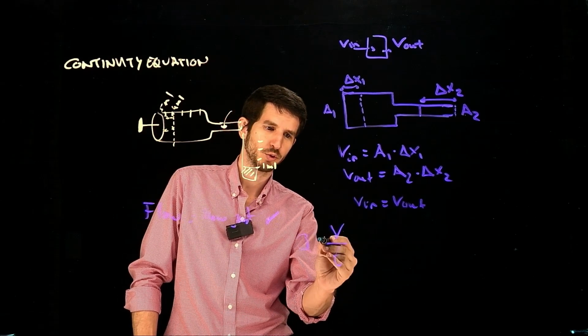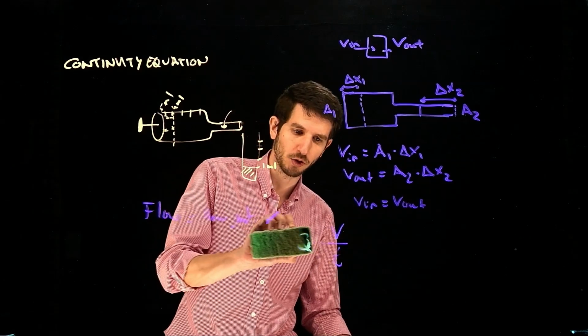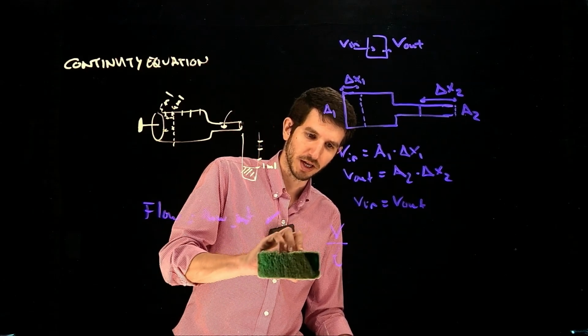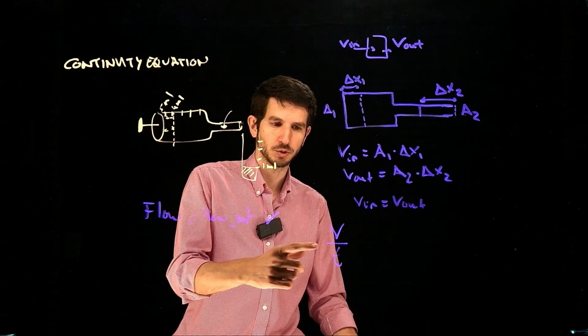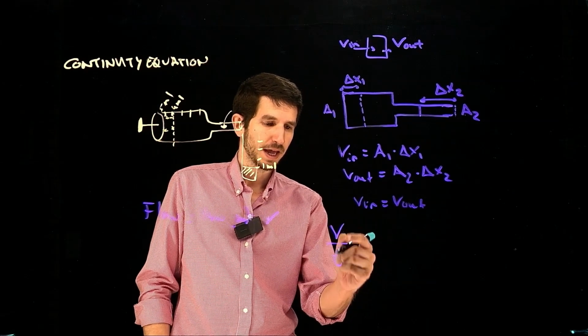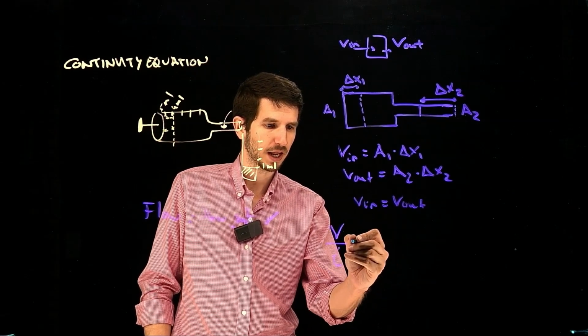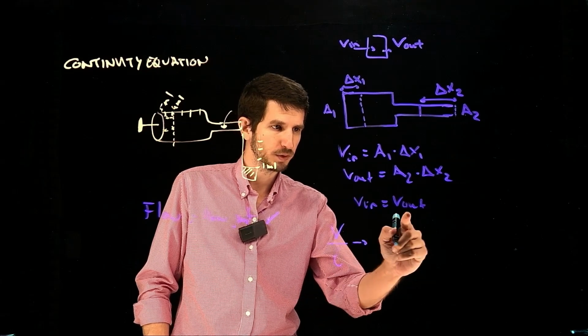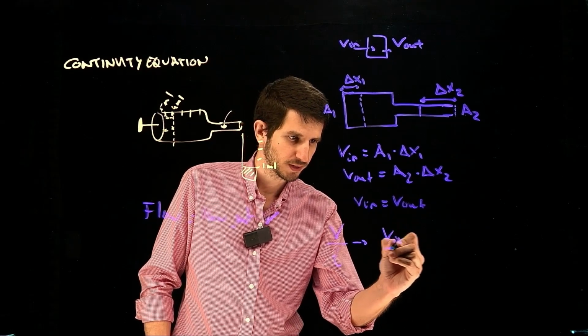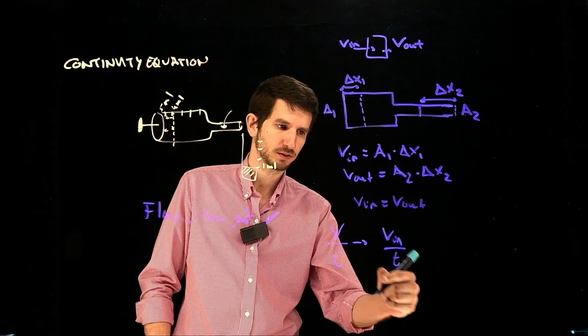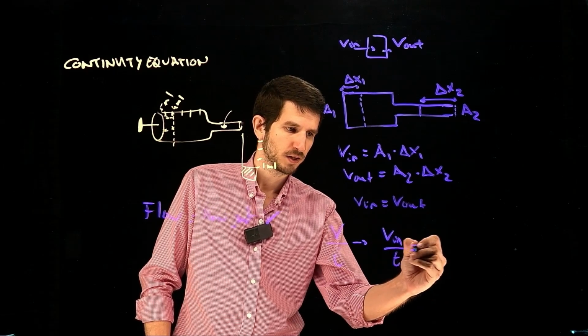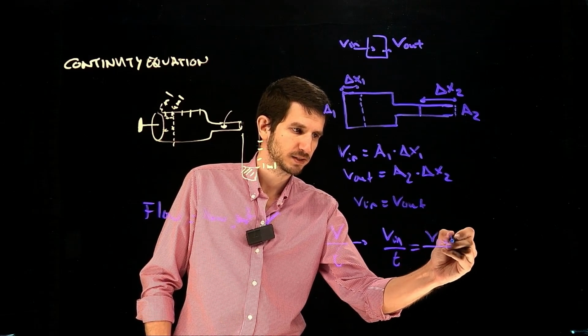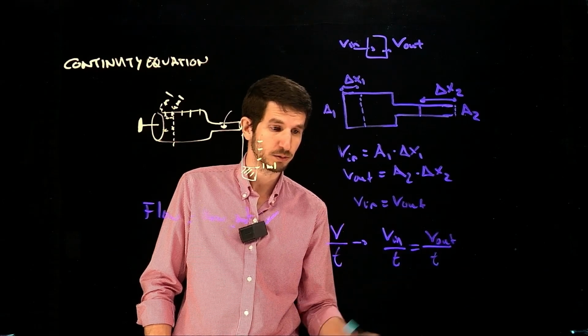We can call flow Q, but we're not going to call it that in this class, because Q we're going to save for heat, but sometimes you're going to see something like Q. And so if I do this, what I'm observing is that I can just write that volume in is volume out, so that how fast the volume goes in is how fast the volume of the fluid goes out.